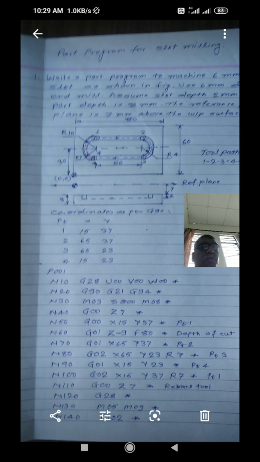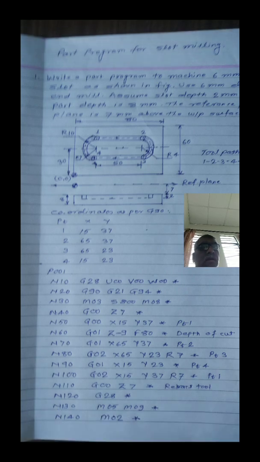Then find out the coordinates of point 3. The X coordinate is 65, that is 50 plus 10 plus 5, 65. And for the y coordinate, at the slot center, 30 minus 4 minus 3. 30, inner radius 4 and cutter radius 3, therefore 23.